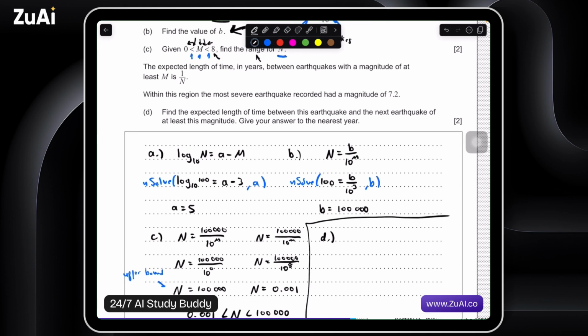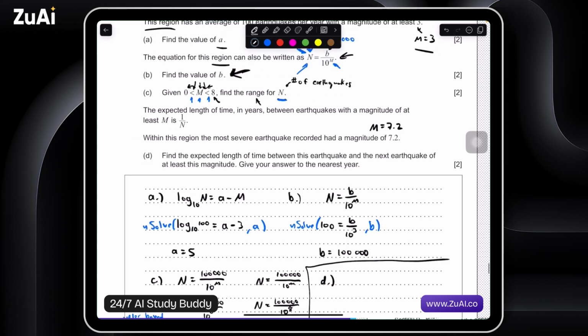Within this region, the most severe earthquake recorded had a magnitude of 7.2. So m was equal to 7.2 in this instance. Find the expected length of, oops, sorry, I think there's something right above. The expected length of time in years between earthquakes with a magnitude of at least m is 1 over n.